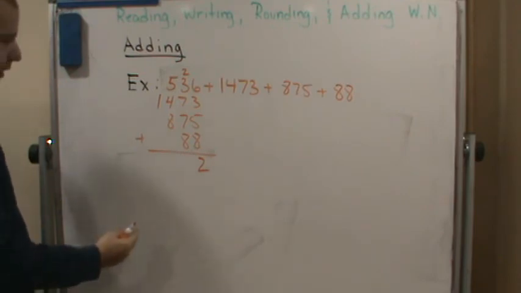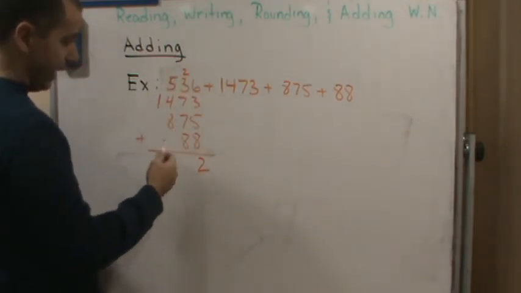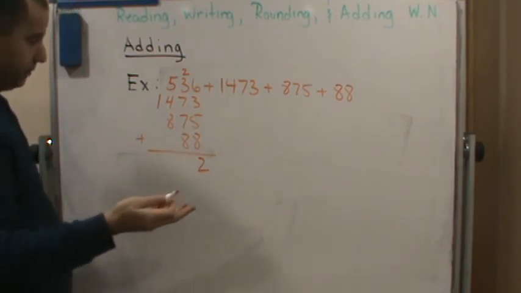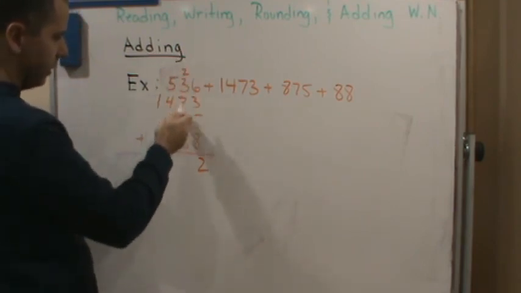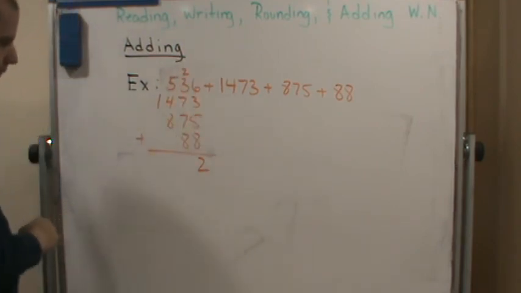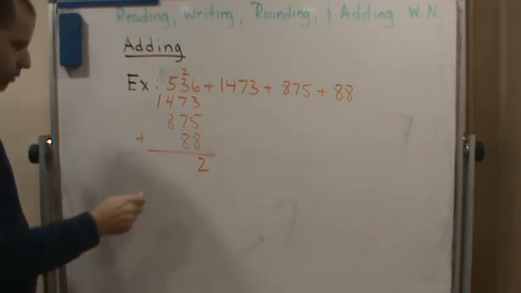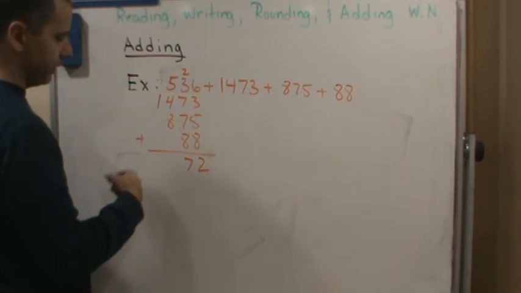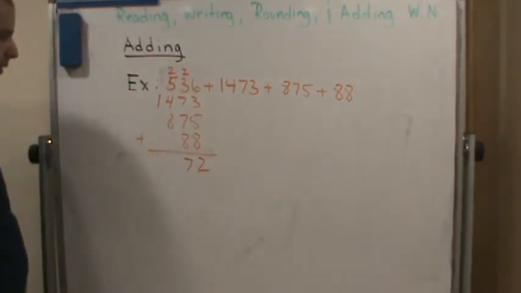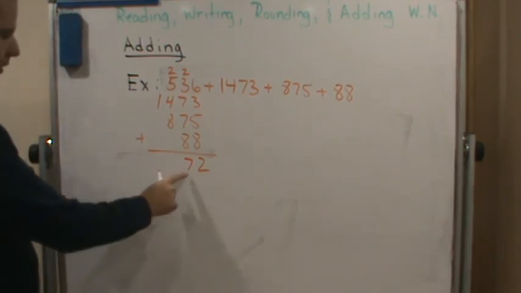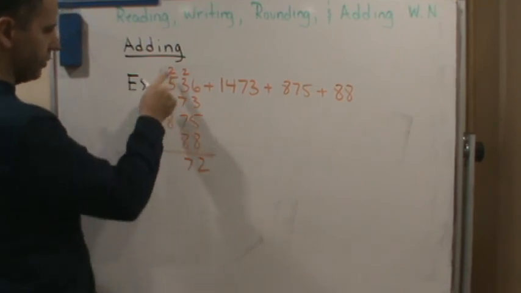Well, again, that's 27 10s. Well, I have to have less than 10. So since that's 27 10s, or 270, right? So the 7 will go here, and the hundreds, which I have 2 of them, will go here. So I'm going to carry the 2. So 27, right? Remember, 7 here, and then the 2 will go here.